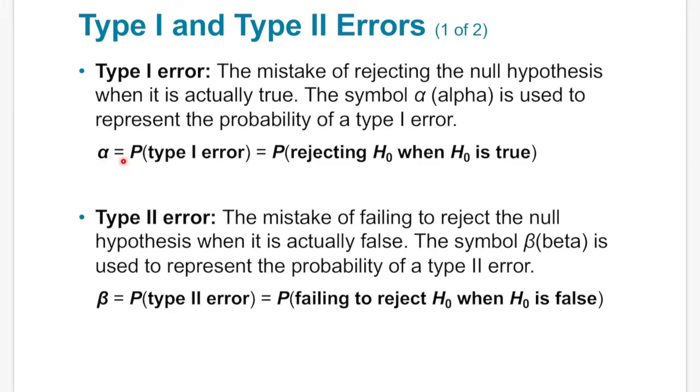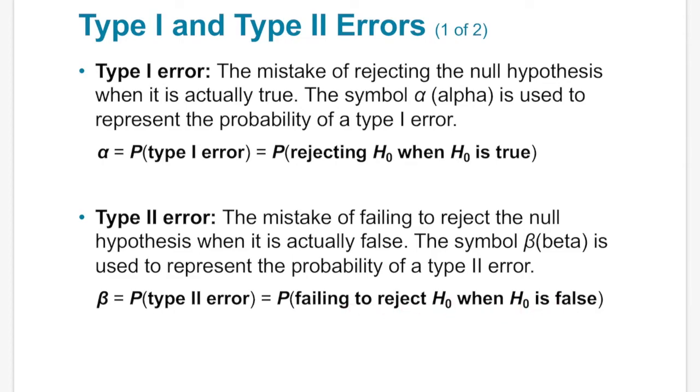So alpha is the probability of type 1 error, which is the probability of rejecting H0 when H0 is true. Type 2 error: the mistake of failing to reject the null hypothesis when it is actually false. Beta is the probability of type 2 error, which is the probability of failing to reject H0 when H0 is actually false.